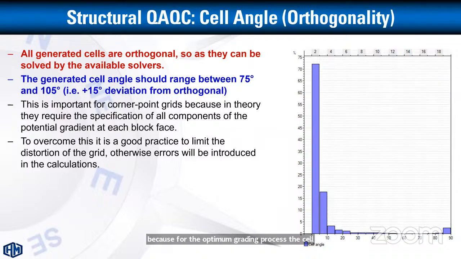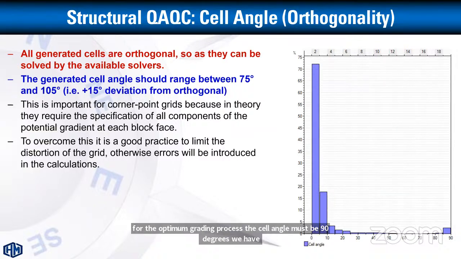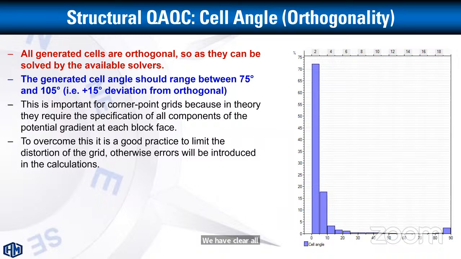We have clear or exactly orthogonal grid sides, but actually in real cases it's not. It will not be exactly 90 degrees, not exactly orthogonal.